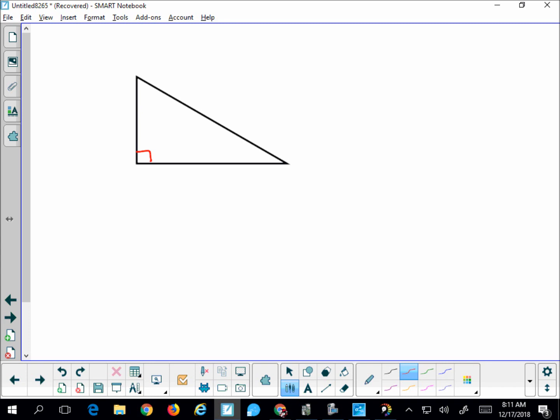Oh, you know what? Don't put the little red square on this one. So just the triangle itself without the 90-degree angle mark.